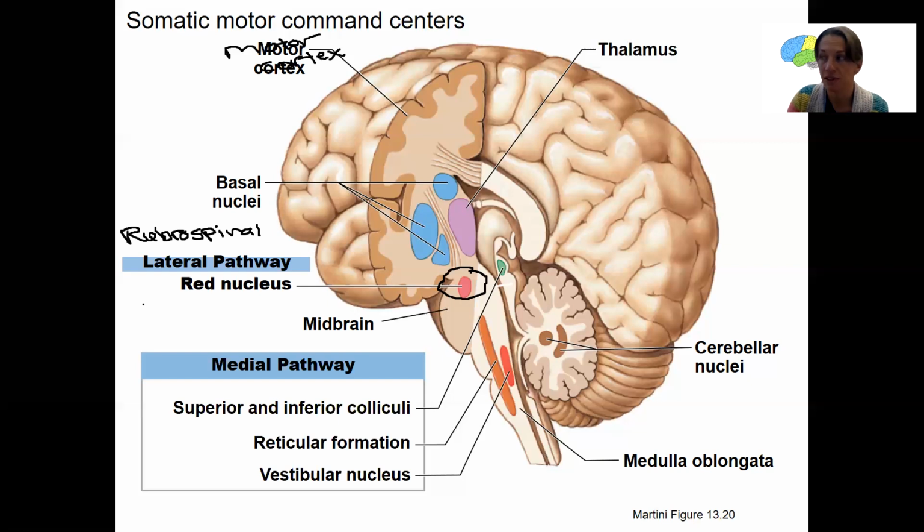They all actually have separate names as well that I may introduce. So all of these pathways are necessary for fine-tuning movements. The basal nuclei are also going to feed into these to control regions of the brainstem as well.